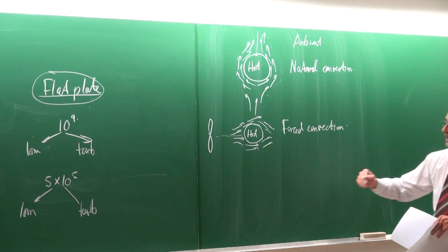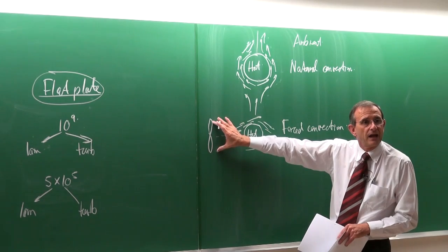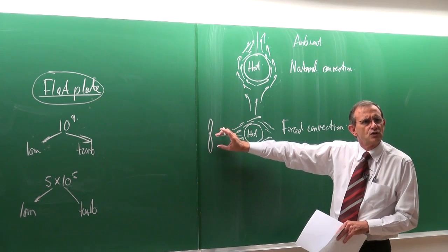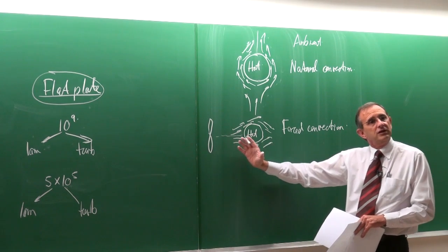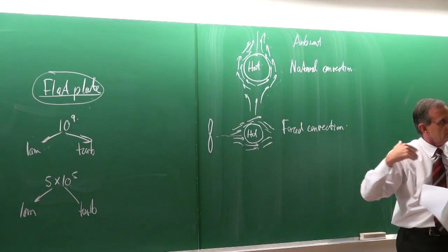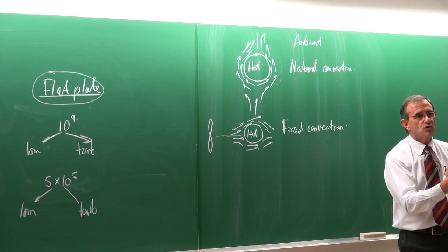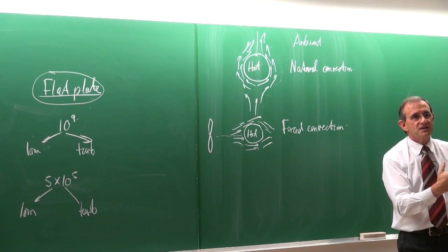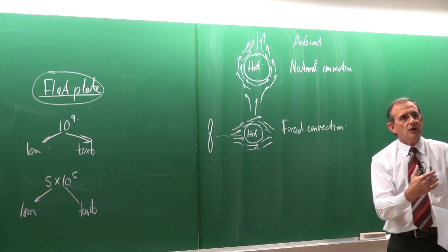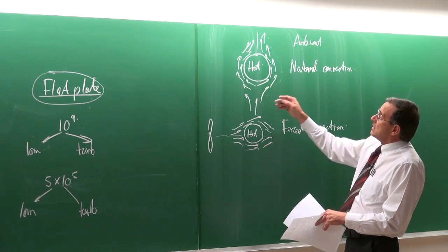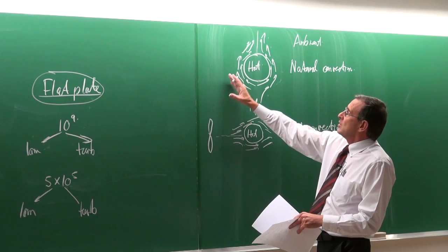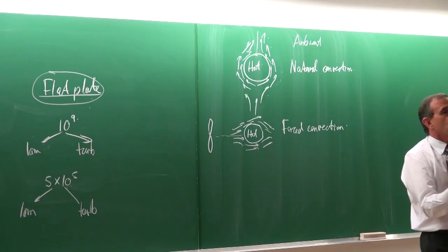Now, let's look at the case where you start making this fan smaller and smaller. Well, not really the fan itself, but the flow field that it generates. You start making it smaller and smaller. What is now going to happen? We are going to get to a situation where this flow and that flow are going to combine.